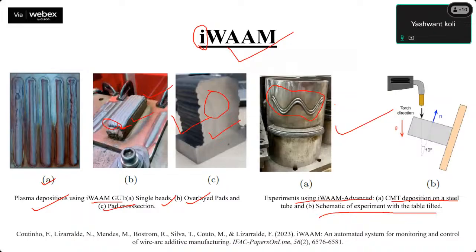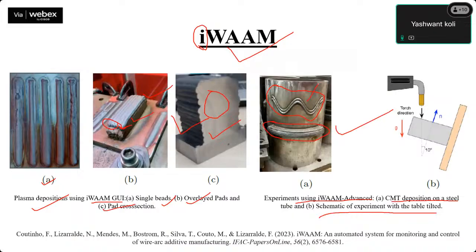IWAM advanced was used to test the motion control strategy, and the steel cylinder deposition, 10 layers and 5 beads. So there are 10 layers that have been made. This you can see in the circular tubular sections, and this also. Steel cylinder deposition, 10 layers and 5 beads, with torch orientation maintained towards the surface normal and gravity.